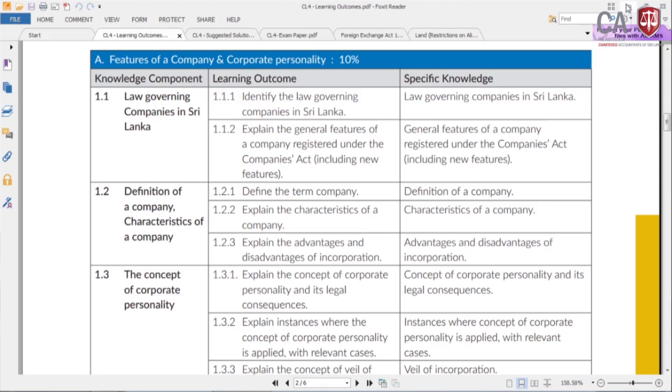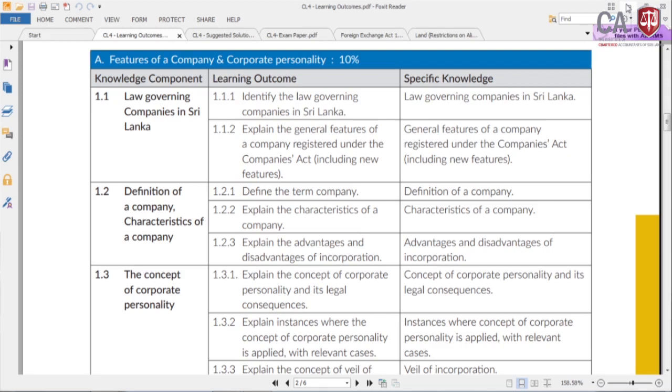Then explain the advantages and disadvantages of incorporation, where I have taken out the models in partnerships, proprietorships, as well as the companies. So you should have the specific knowledge on the advantages and disadvantages of incorporation in particular.